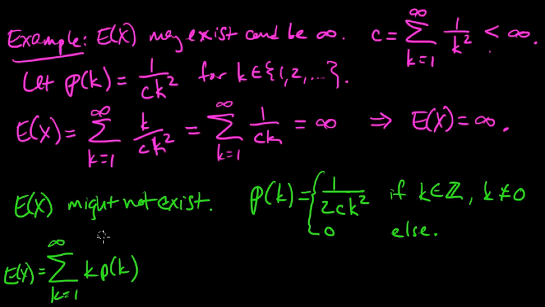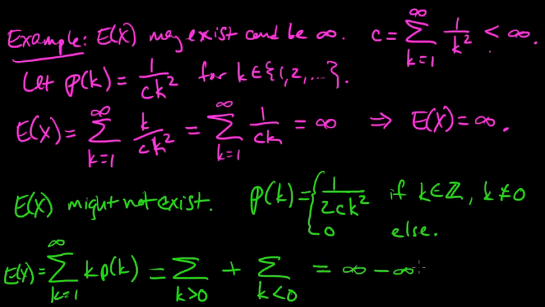The problem now is that if we break this up into the parts where k is positive and the k's which are negative, I'm not going to write it all out, but basically we get the same thing. This is going to be infinite again, and this is going to be minus infinity because now we're multiplying by k which is negative. So what we end up with is infinity minus infinity, which is a problem.